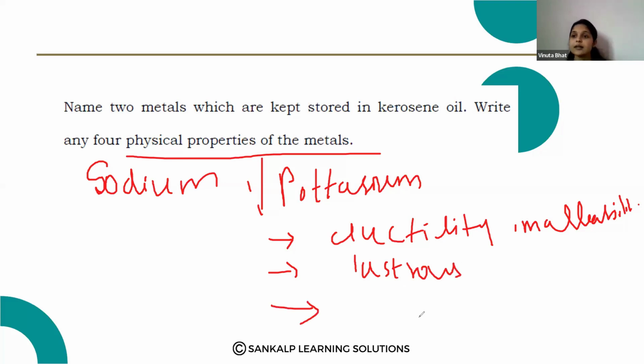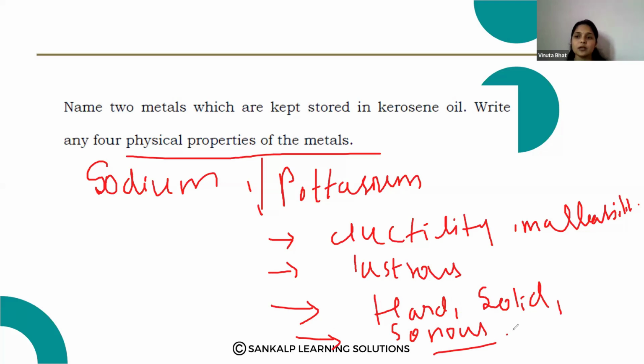Then they are hard and in a solid state at room temperature except mercury. And they have the sonorous property, meaning they produce sound when hit by a hard substance. So these are some characteristics, physical properties of the metals.